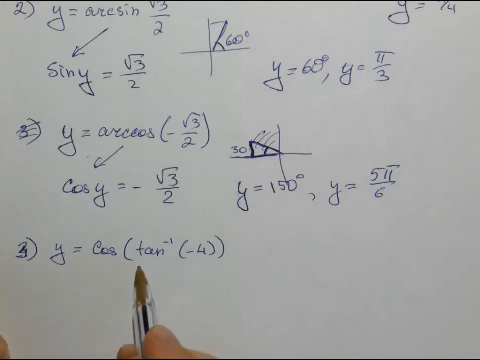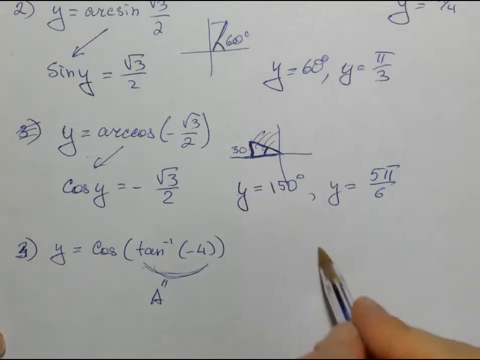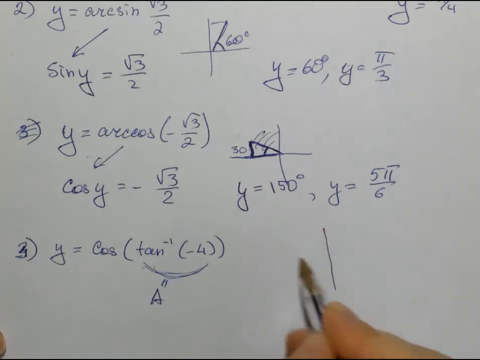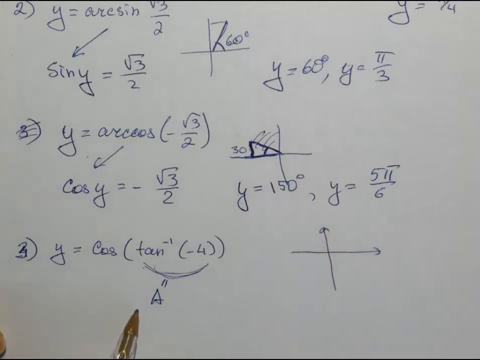So tan inverse, sine inverse, cosine inverse, it is an angle. Let us call this angle A, for example, and make a sketch of A. So tan inverse, or angle A, is negative. It means it must lie in the fourth quadrant.